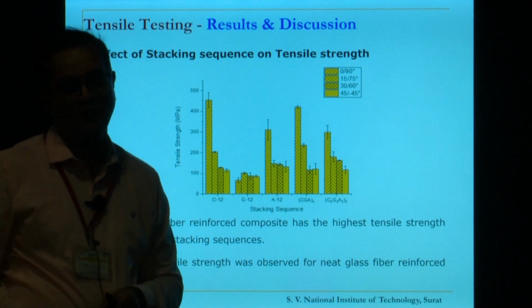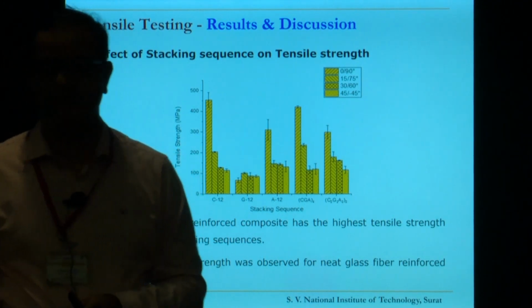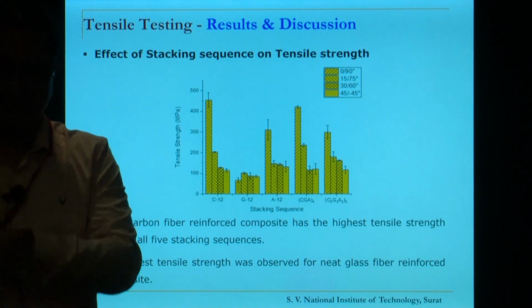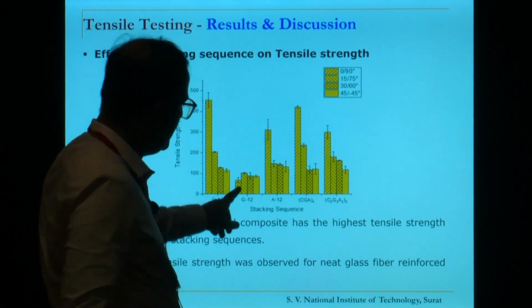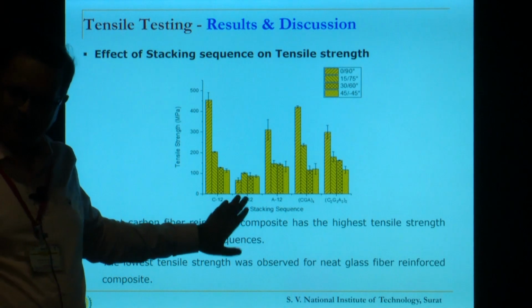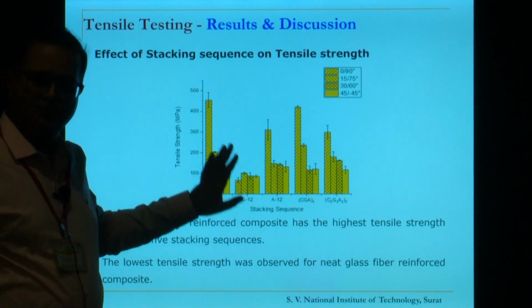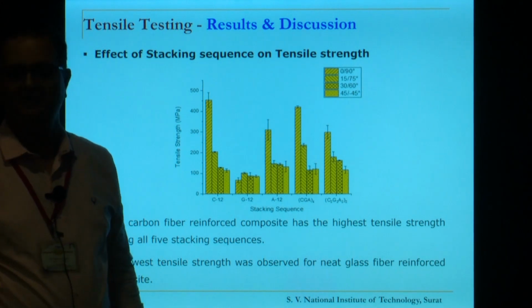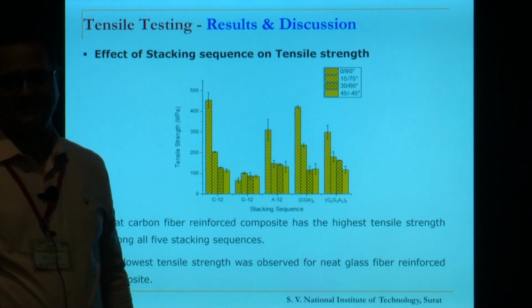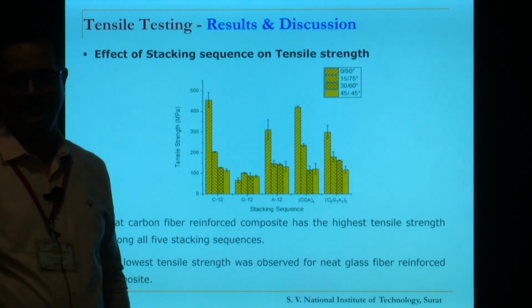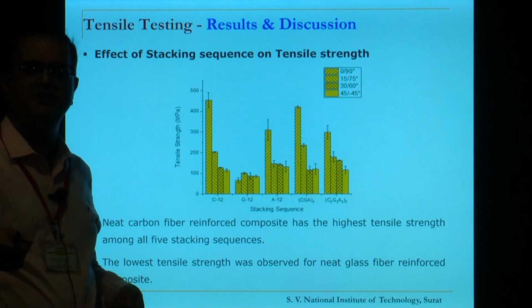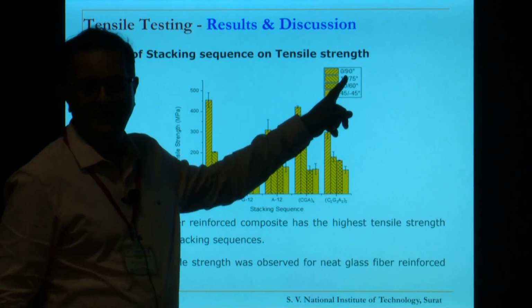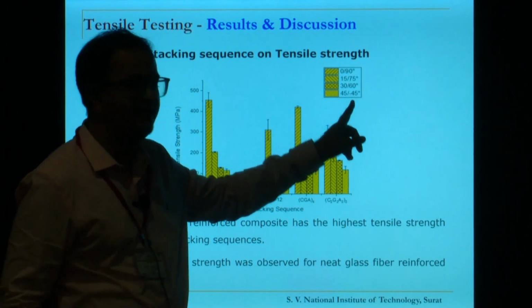So the way you put up, the way you consider that result will depend upon this second part, that is characterization. In the characterization, if I get something out of here, I can always claim that this is also a very good finding, that glass fiber shows the least tensile strength under so and so condition. And why? These are the results, these are the characterization images, these are the photographs. We see that this is how the fiber behaves when it is laid at 0/90, and this is how the fiber behaves when it is laid at 45.